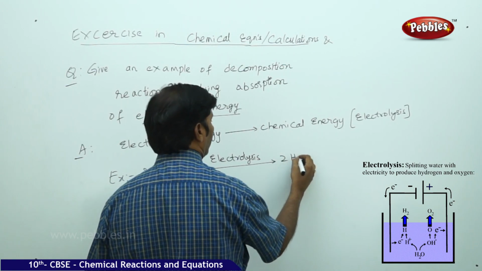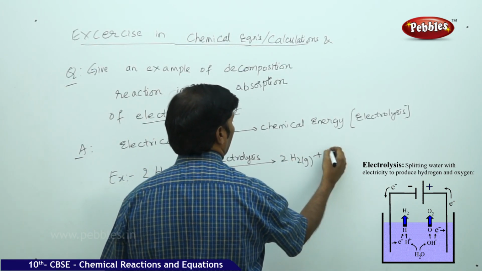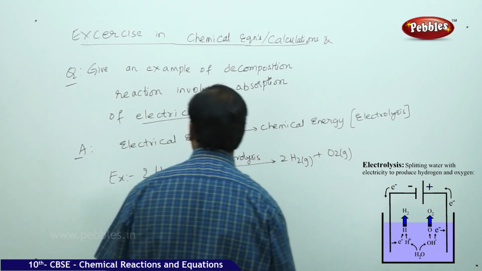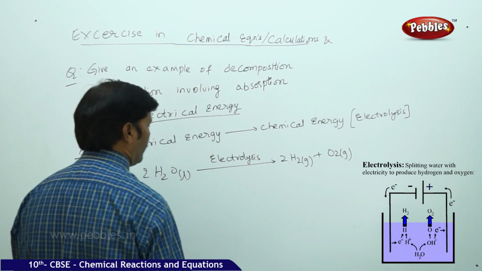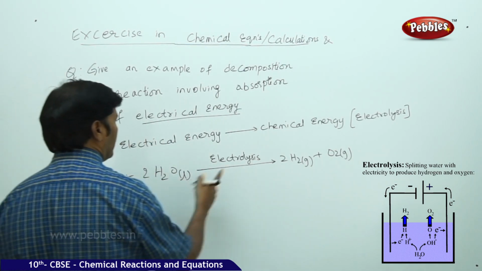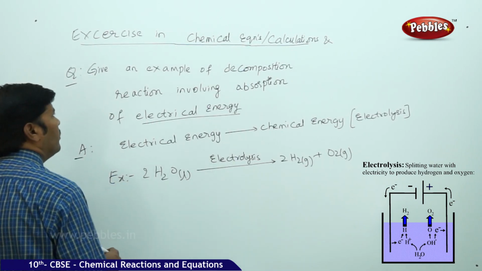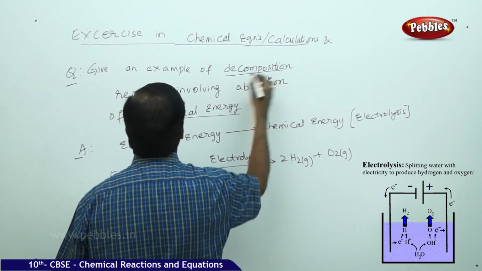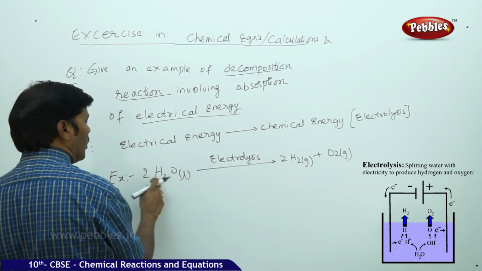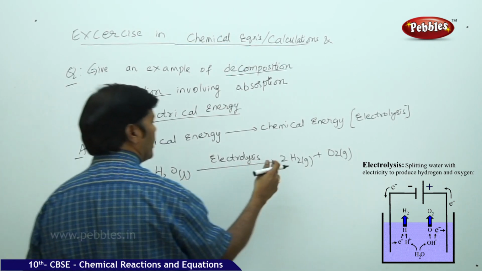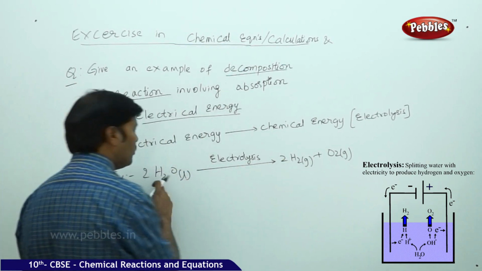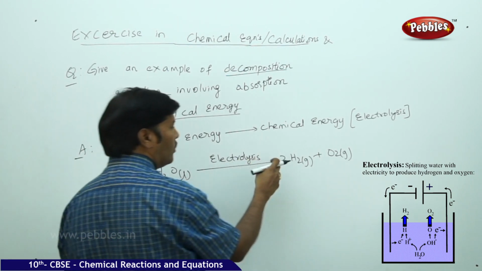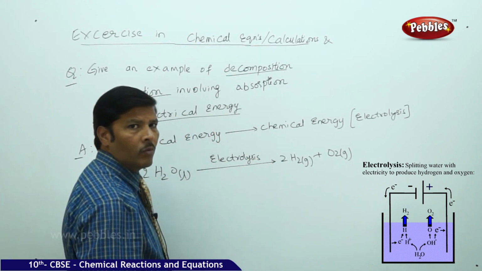It gives 2 moles of H2 gas plus 1 mole of O2 gas. So this is an electrical decomposition reaction. Here water is getting decomposed. So 2 moles of water is getting decomposed to give 2 moles of hydrogen gas and 1 mole of oxygen gas.